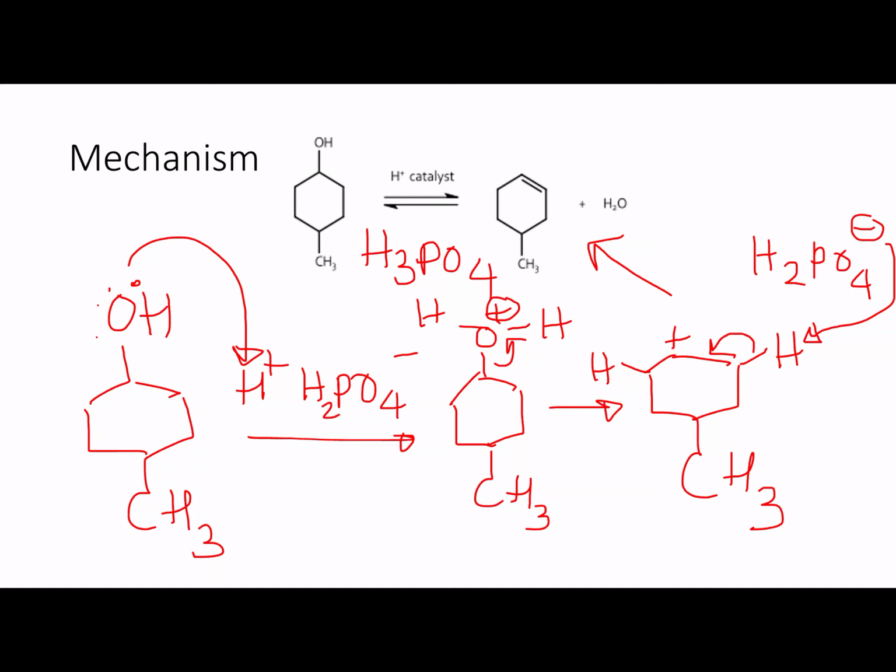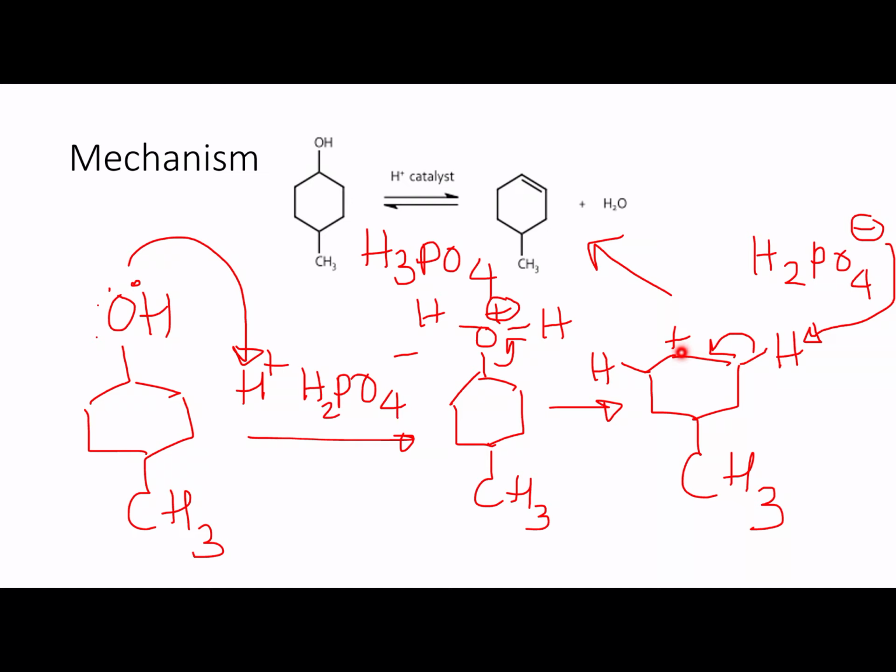Okay, and that is important to ensure that the carbocation undergoes elimination instead of substitution. Okay, if it became a nucleophile, it could substitute onto this carbon and give us a substituted product. So being H2PO4 minus, it would not substitute to this carbon and give us the substituted product.